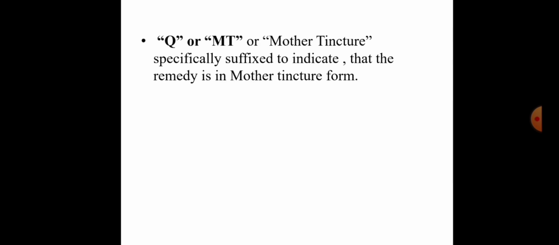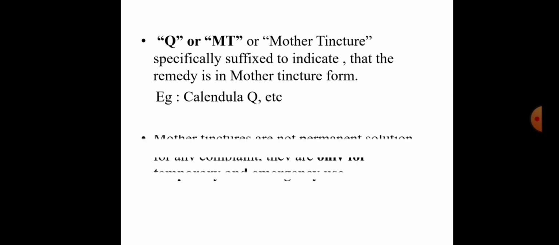So we use Q or MT, or mother tincture, specifically suffixed to indicate that the remedy is in mother tincture form. For example, Calendula Q means Calendula is present in a mother tincture form.